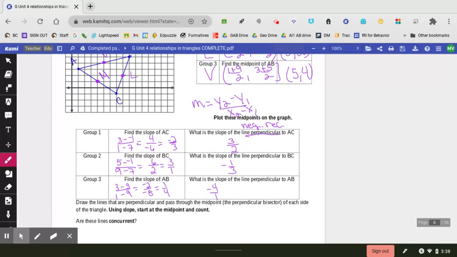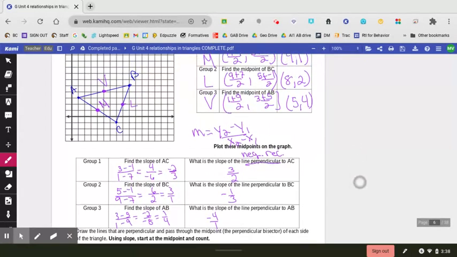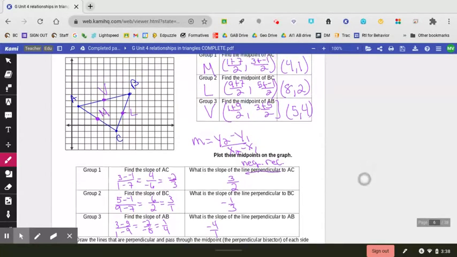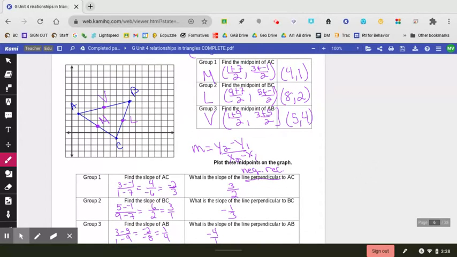So using the slope, I'm going to start at the midpoint. So first I'm going to do AC. The perpendicular slope of AC is going to go through the midpoint of AC, which is M. So I'm going to start at M, and I'm going to do the slope of 3 over 2. So I'm going to go up 3 over 2.